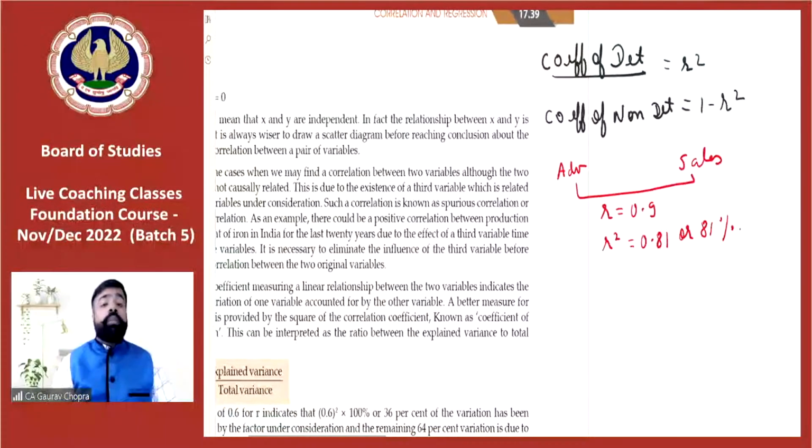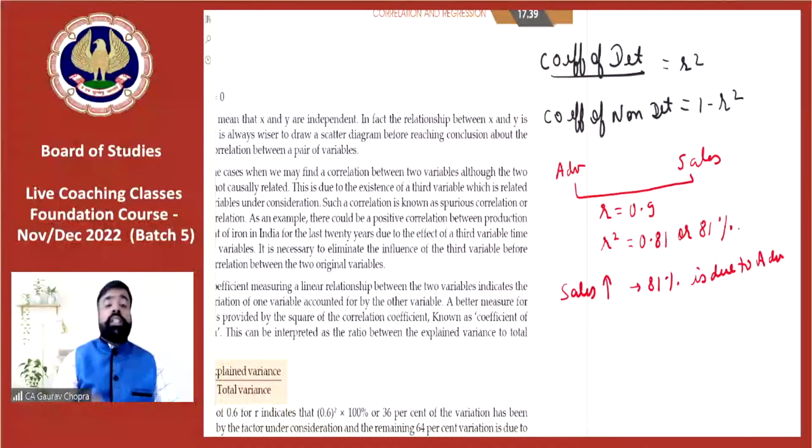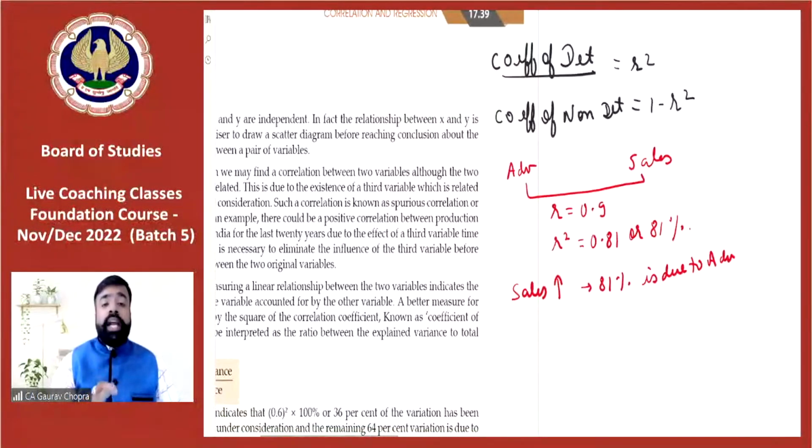Now, what is the meaning of this 81%? This coefficient of determination says that of whatever change is happening in sales, 81% is due to advertisement. So we know the reason for that, and the remaining 19% we don't know.